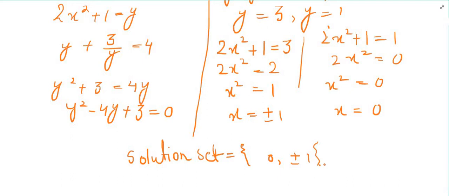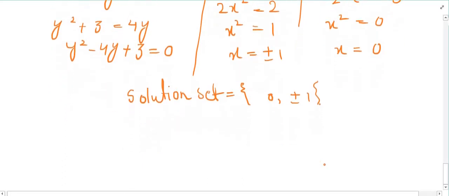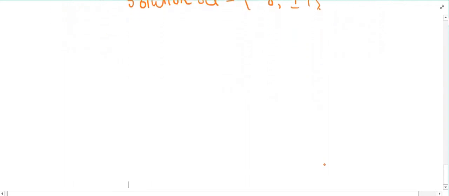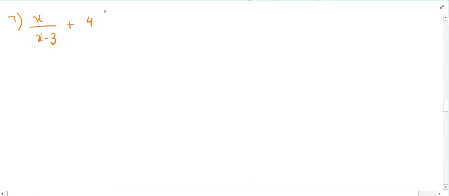7. 7 is x by (x minus 3) plus 4 (x minus 3) by x equals 4. This becomes, just take LCM, or it may be direct.